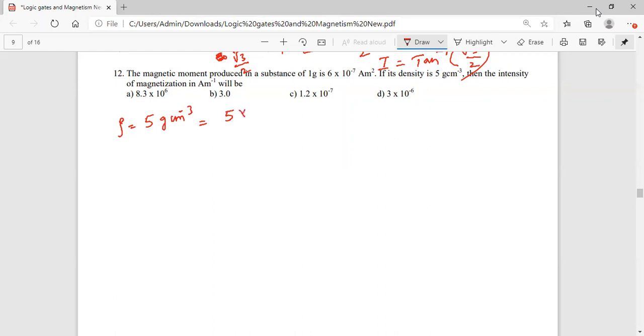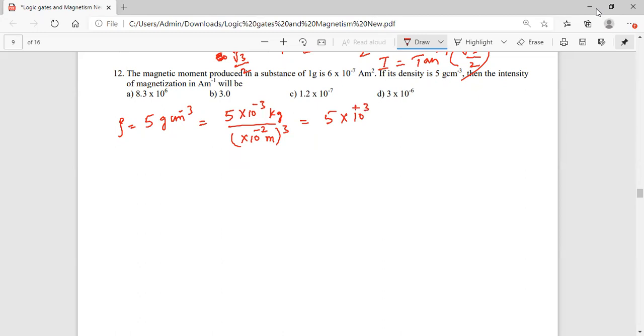So gram can be converted into kg by multiplying by 10 power minus 3 kg, divided by centimeter cube, that is 10 to the power of minus 2 meter whole cube. Then we get 5 into 10 to the power of minus 3 divided by 10 to the power of minus 6. The minus 6 comes to the numerator as plus 6, and plus 6 minus 3 is plus 3.